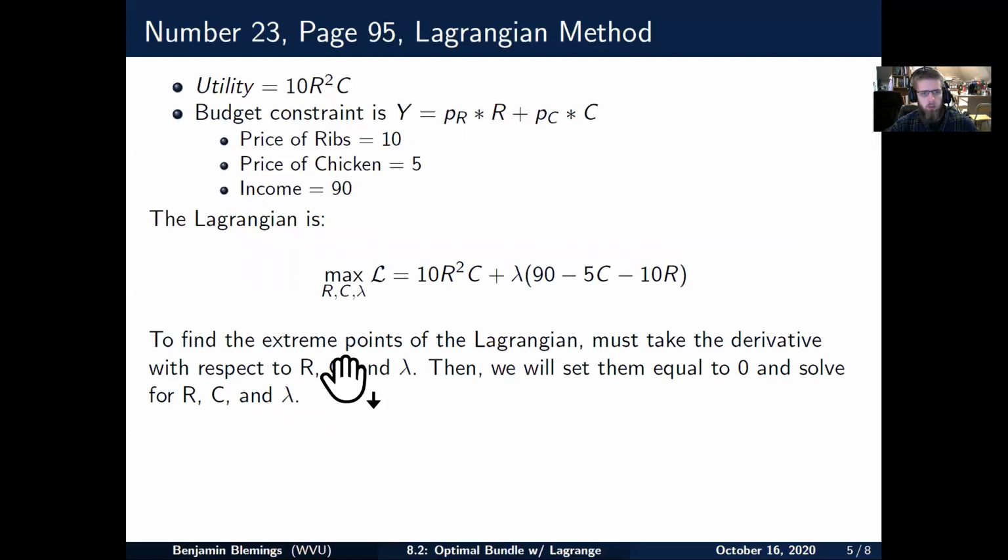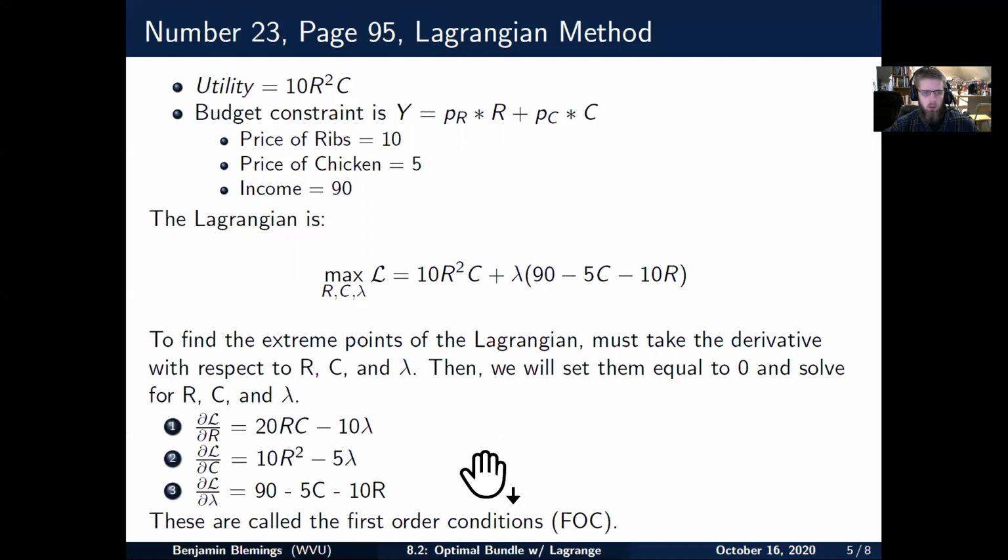We take the derivative with respect to R, C, ribs, chicken, and lambda, then set them equal to 0 and solve. I went ahead and took the partial derivatives of this function for you so that you can see what our first order conditions are. Here are our 3 equations, and we have R, C, and lambda as our 3 variables that we need to solve for.